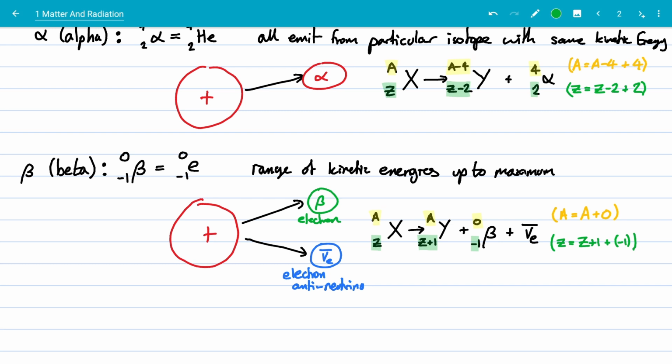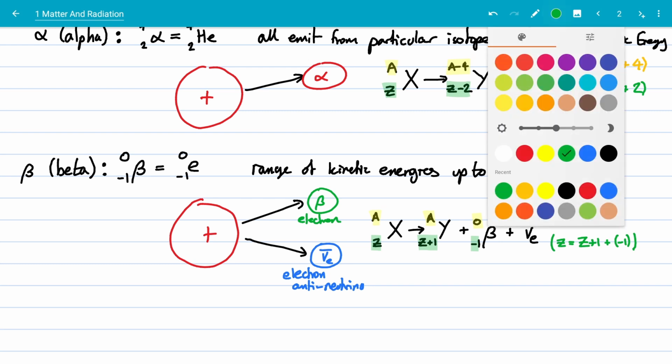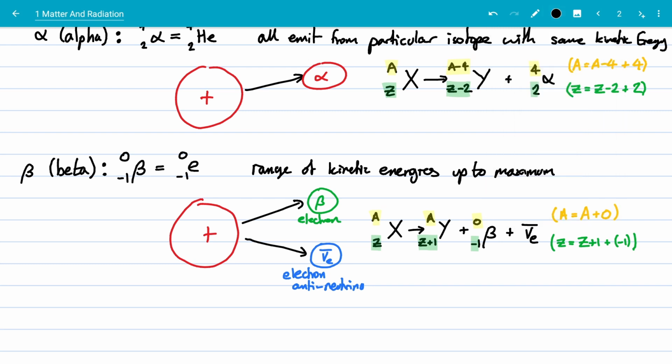Now, the anti-electron neutrino carries some of that kinetic energy away. So the beta particle and the electron antineutrino share the energy that's released in this decay, which is why there is a range of energies for the beta particle.